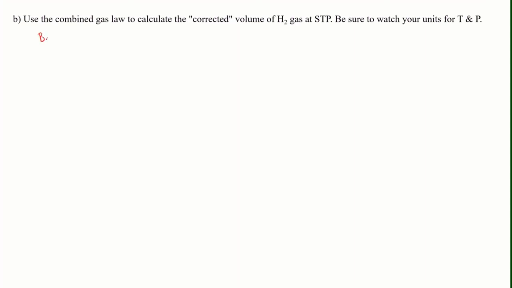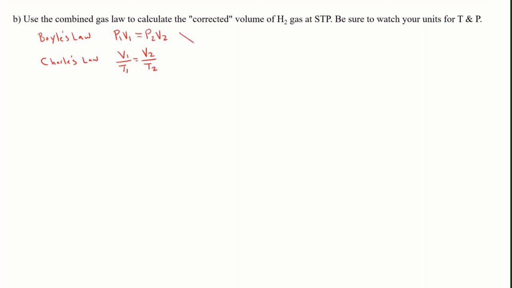Boyle's law states that P1 V1 equals P2 V2. Charles' law states that V1 over T1 equals V2 over T2.